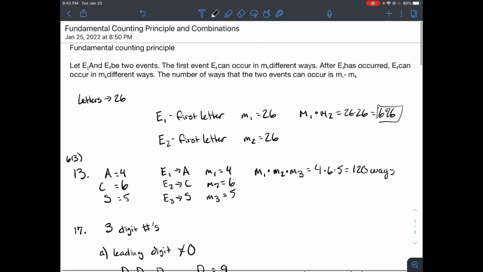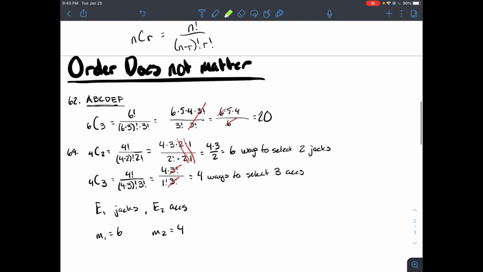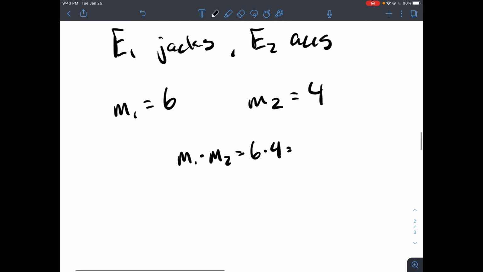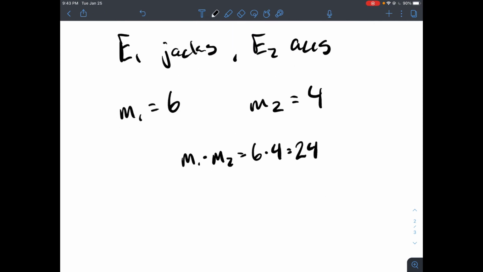Our first event, selecting our jacks, can occur in how many different ways? We calculated that. That's 6. Our second event, our aces, can go in M2 different ways. And we found that to be 4. So now what do we do? Do what we've done before. M1 times M2 is equal to 6 times 4 equal to 24.